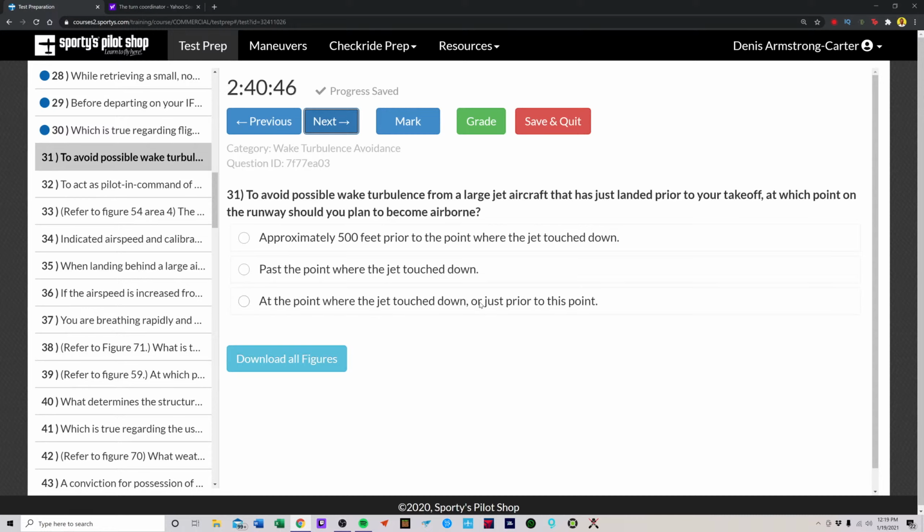At the point where the jet touched down or just prior to the point? No. Past the point? No, because his wake turbulence sinks. So you want to, his wake turbulence will sink prior, no. So past where the jet touches down. Hold on, guys.